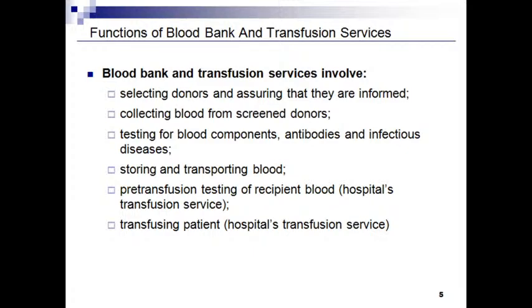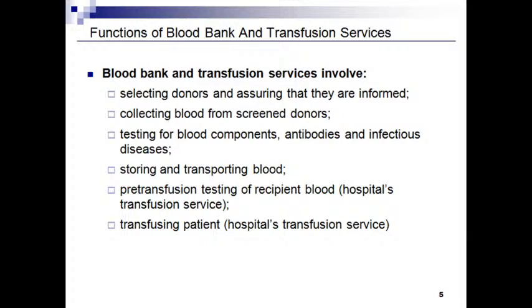Blood bank and transfusion service involves selecting donors and assuring that they are informed. All the donors must be informed about the downsides of the blood collection or the blood taking from their cardiovascular system. Collecting blood from screened donors.